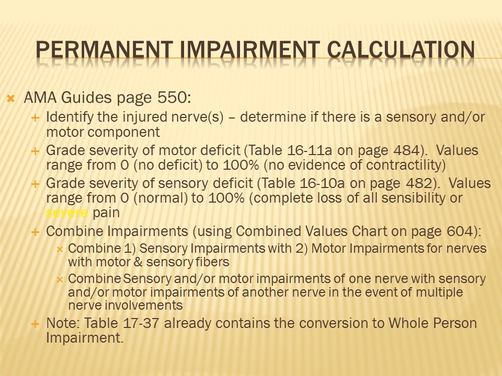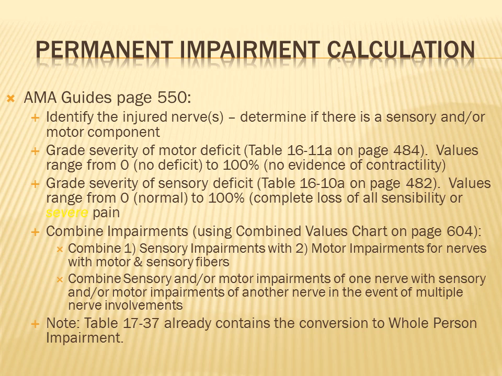And we just went over this table. Values here range from 0, meaning that there's completely normal function, to 100%, which is complete loss of all sensibility or severe pain. And remember that severe pain is pain that prevents all activity. So I don't know how many cases of severe pain you've ever seen, but it's probably few.